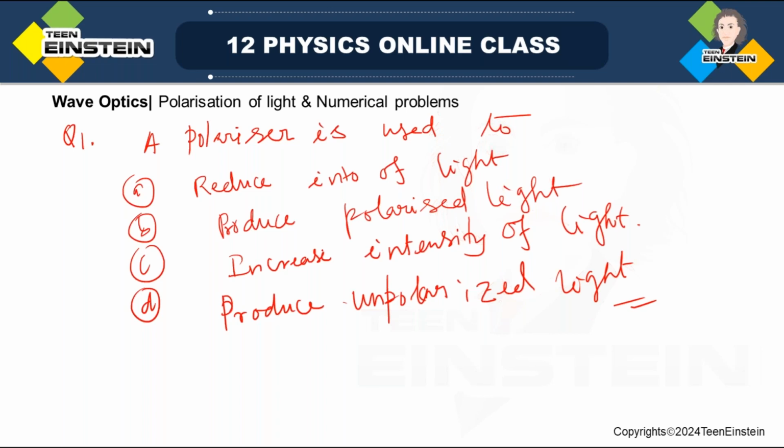So the question is, using a polarizer to produce unpolarized light is not true. Increase intensity is also not true.